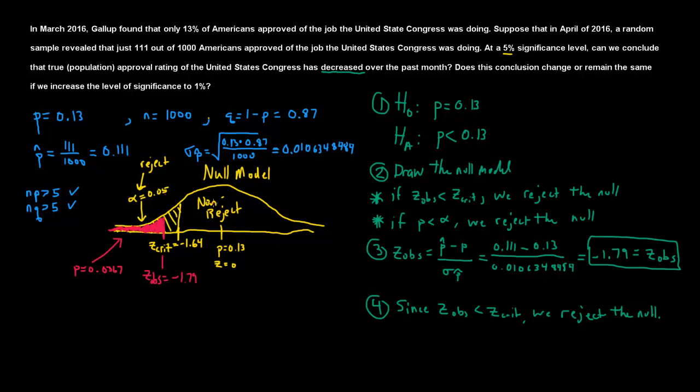So we can also say that since P, which equals 0.0367, is less than alpha, which is 0.05, we reject the null. So two different ways to reach the same conclusion.